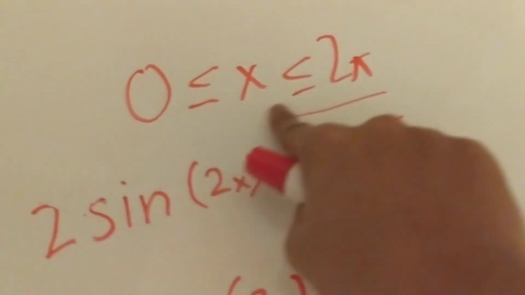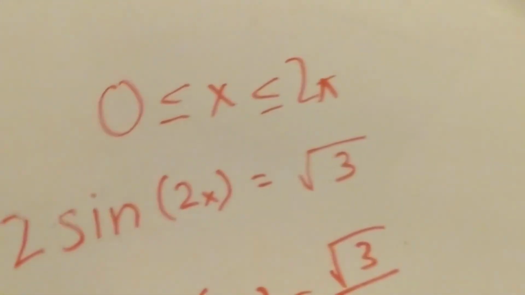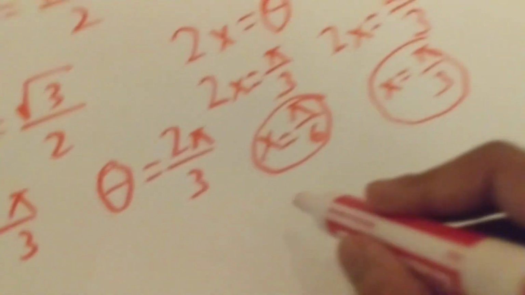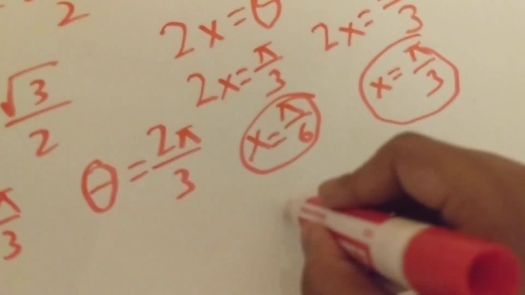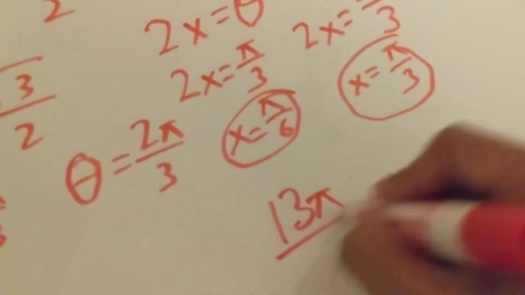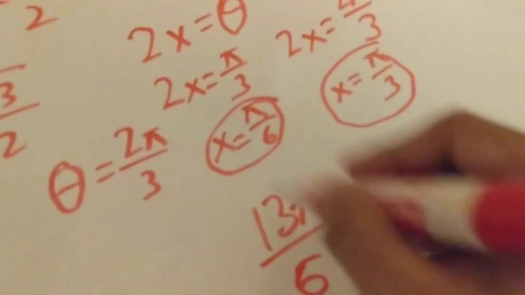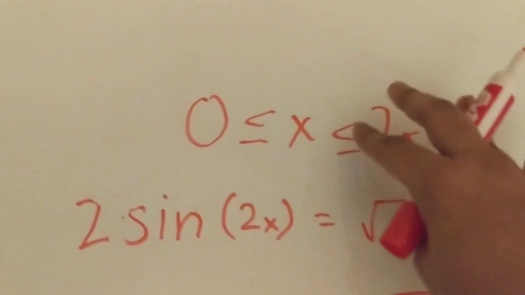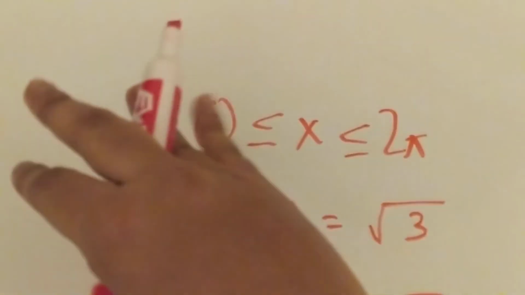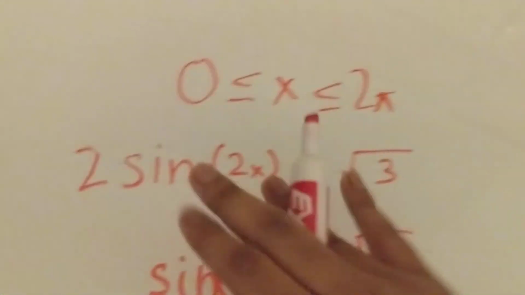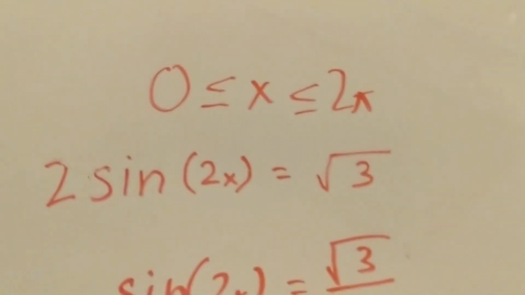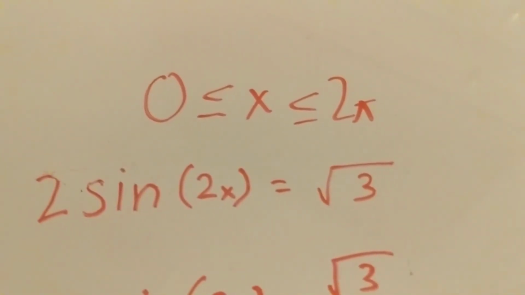For this case, we got a set range, 0 to 2 pi, so only these answers would apply. But if I remember correctly, 13 pi over 6 is actually outside this range. So it would not apply if this range was here, like it is. But if we were to imagine that this range wasn't here, we would put it in and we'd get the right value. So that's one thing to keep in mind.